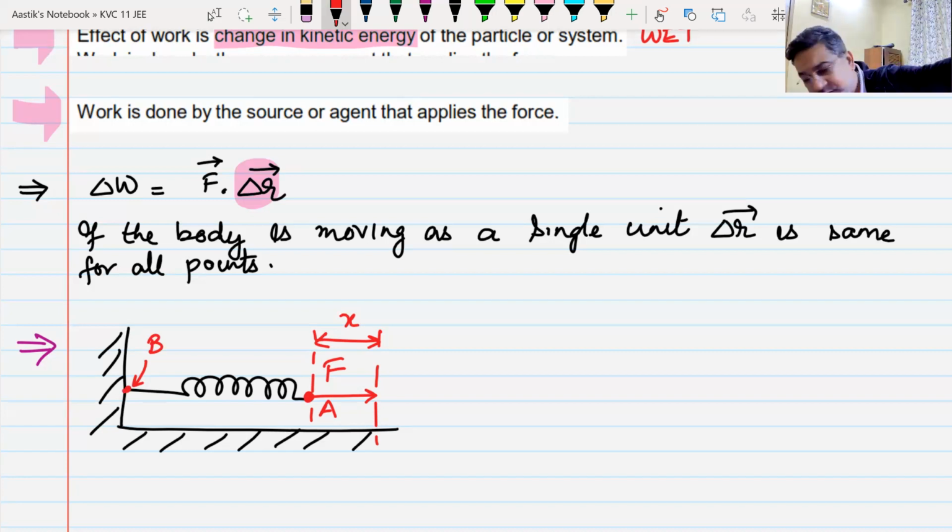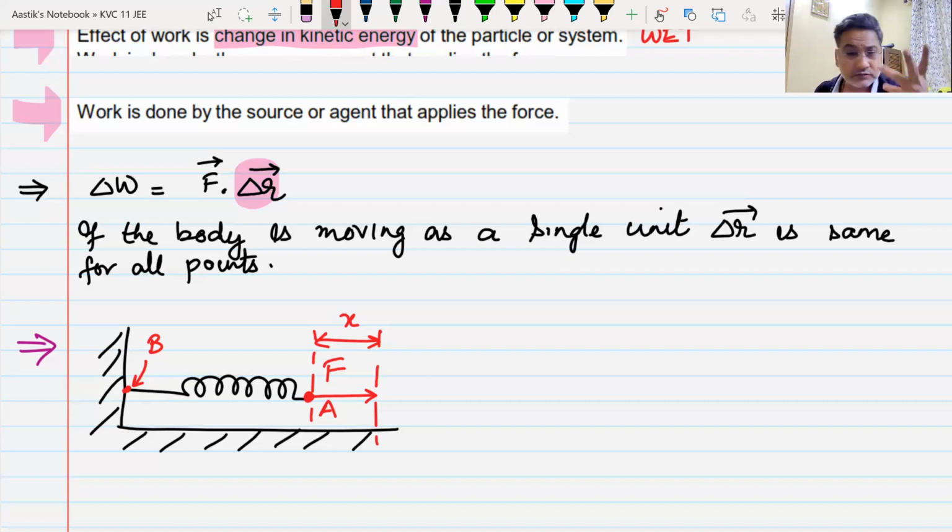What is the displacement of the point B which is attached to the wall? How much is the displacement? No one knows it? There is no physics involved here. It's common sense. Zero. Yes, the displacement of point B is zero. That means one point is moving by an amount x, but one point is not moving at all.